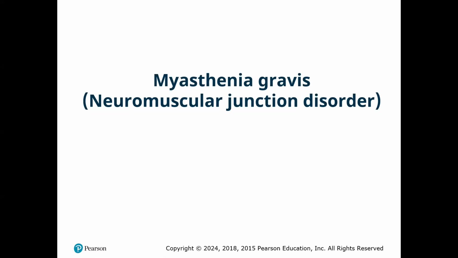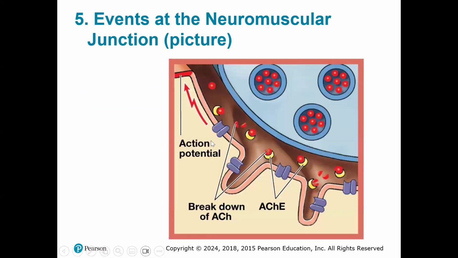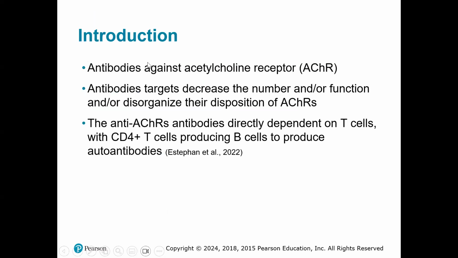For myasthenia gravis, we have to understand the neuromuscular junction. In this condition, autoantibodies are attacking the acetylcholine gated channels. Our body produces autoantibodies against the acetylcholine receptors.